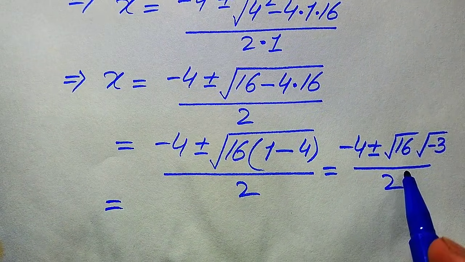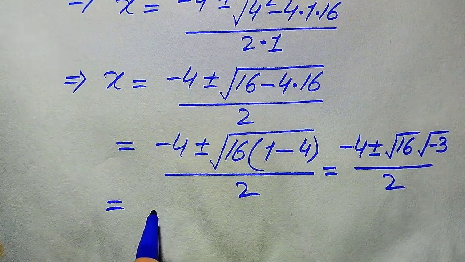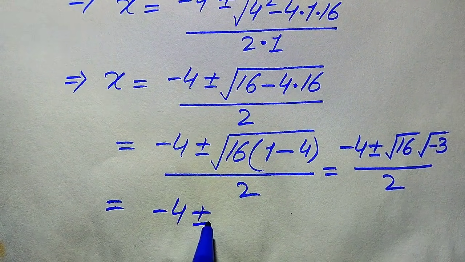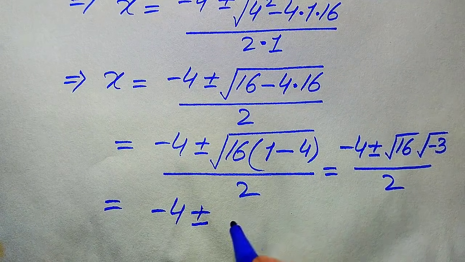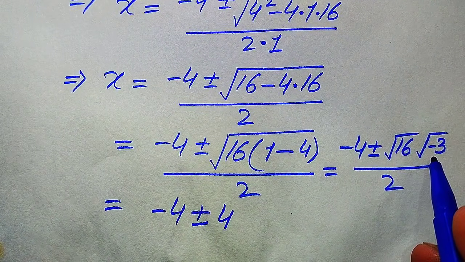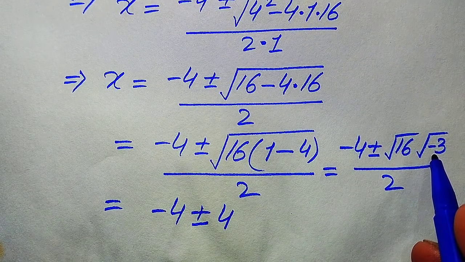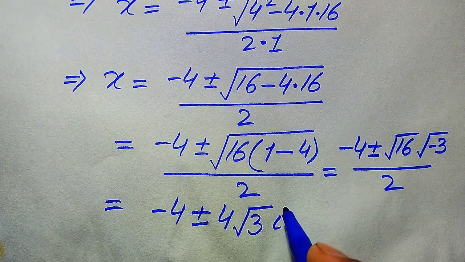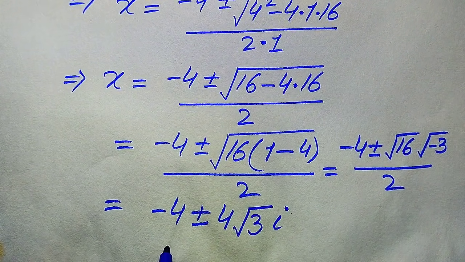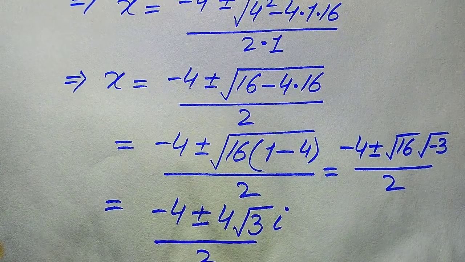Here we simplify the terms: minus 4 plus minus, the square root of 16 becomes 4, and when a negative sign appears inside the square root it becomes iota, and we get square root of 3 times iota, divided by 2.